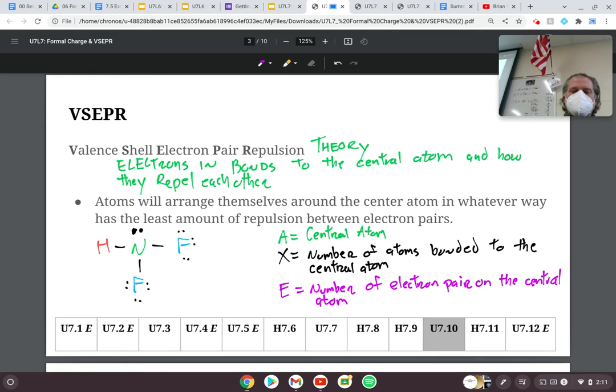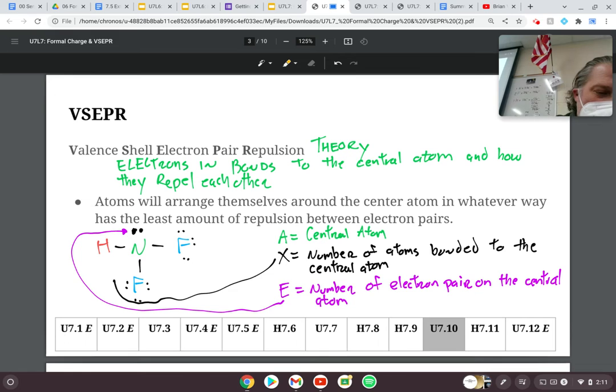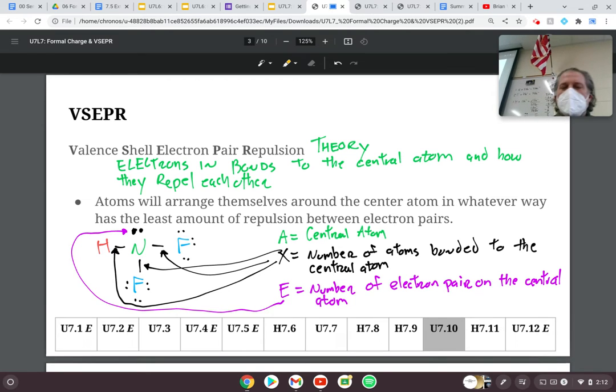So in reality, E refers to those electrons there. X refers to the electrons in these bonds here. And then A is clearly the central atom in the structure.